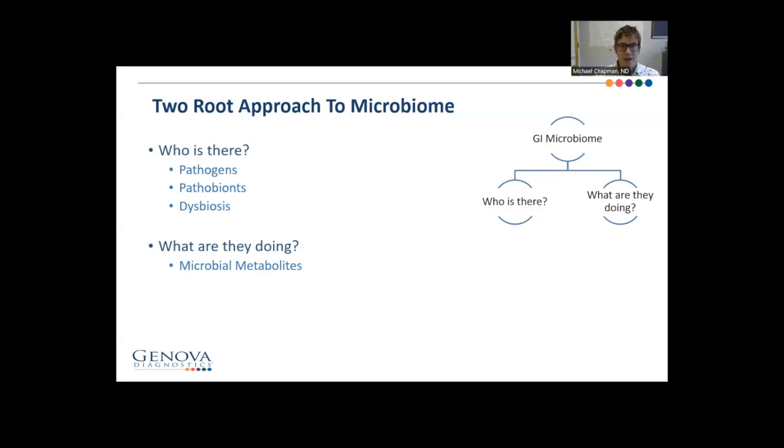Those things can be problematic, but aren't always. And then there's dysbiosis, which is really not even those 2 things. It's the subtle shift in the players in the microbiome. That's one root cause. The other is, what are they doing? Microbial metabolites are what they're doing. They're producing lots of different things, and we need to evaluate that as well.